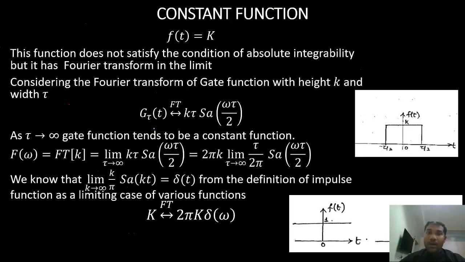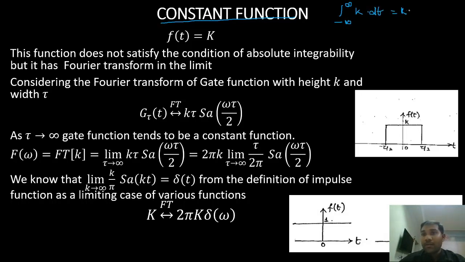signal, that is a constant function. We have to find the Fourier transform of a constant function. Now there are many ways to find the Fourier transform of a constant function. First of all, if you integrate a constant function f of t equal to k from minus infinity to infinity dt, what will happen?